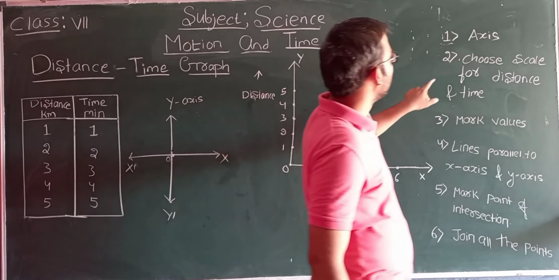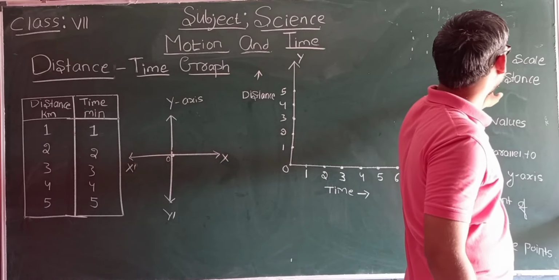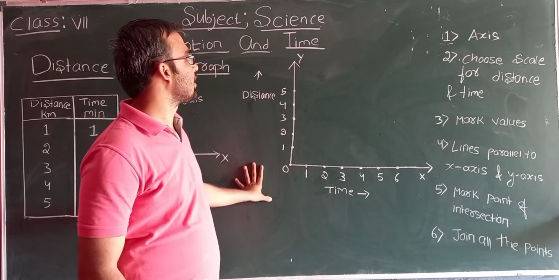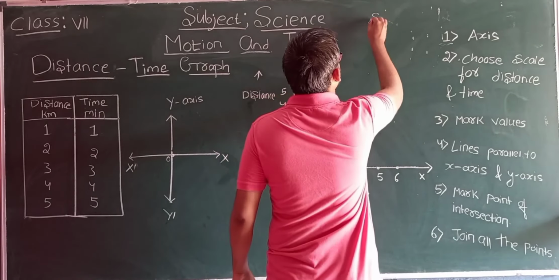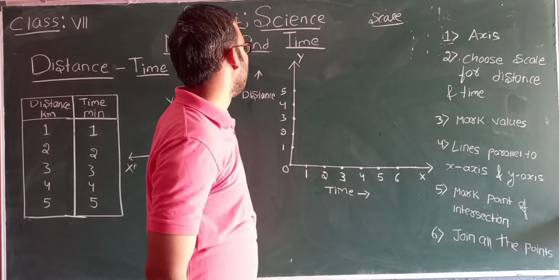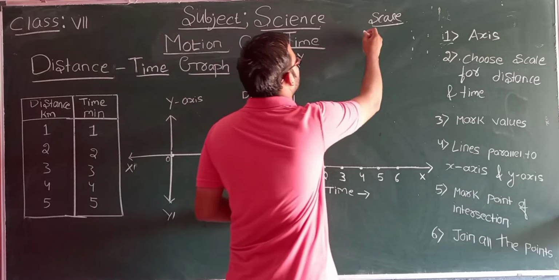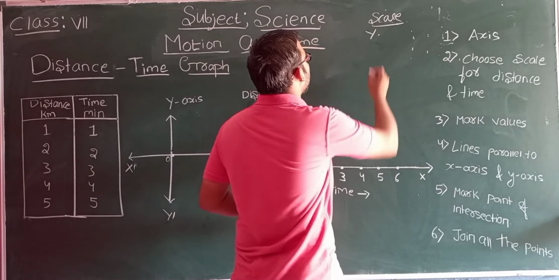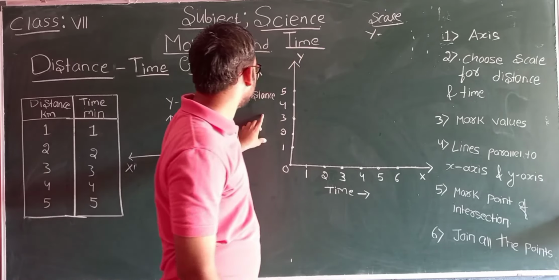Now look here: choose a scale for distance and time. We need to choose the scale, so we can take any scale. First, along the Y axis, what is the scale?